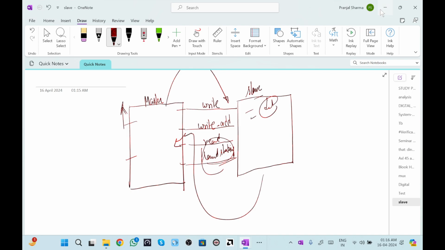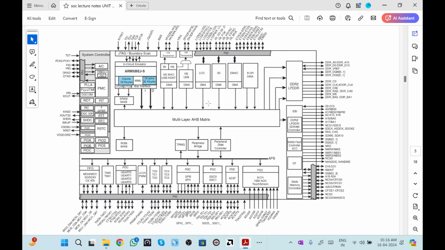So we just roll back to the basic diagram. What is that? This is the AHB layer matrix which we are using over here. So this is all about the SoC environment.